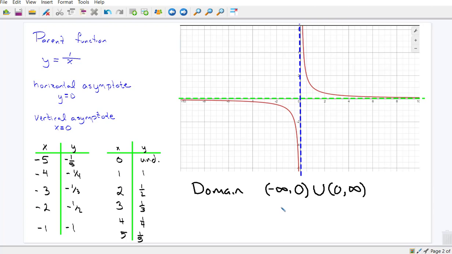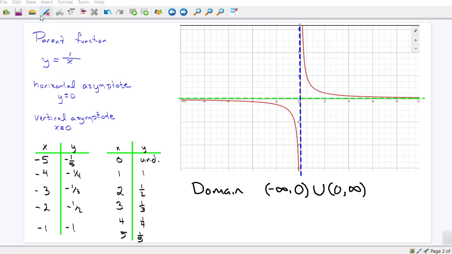If we're using instead the inequality form, it'll look a little bit different, and I'll show you what that looks like in just a second. What it would look like in interval notation is very similar. It's just going to be, oops, my pen's not working, just a second. Okay, let's try it again.